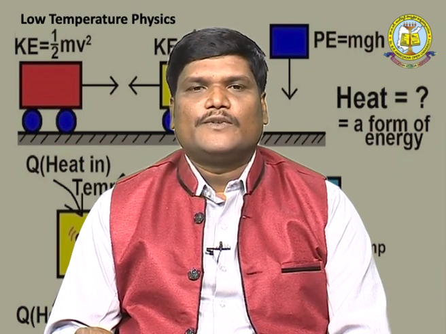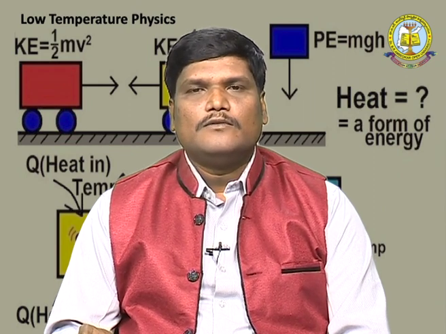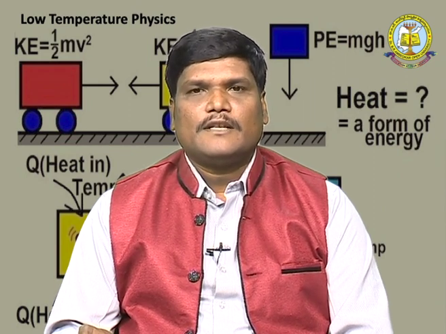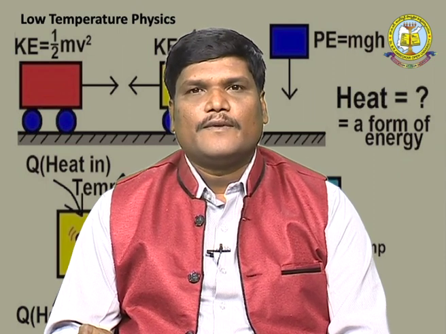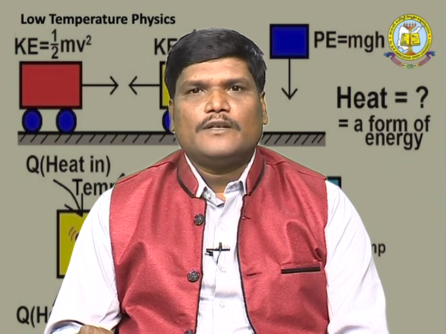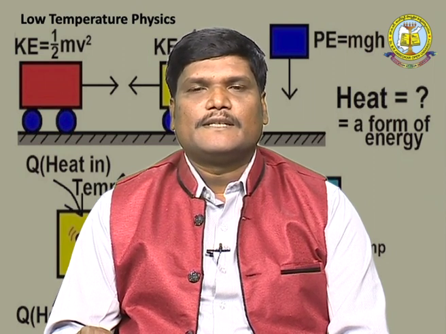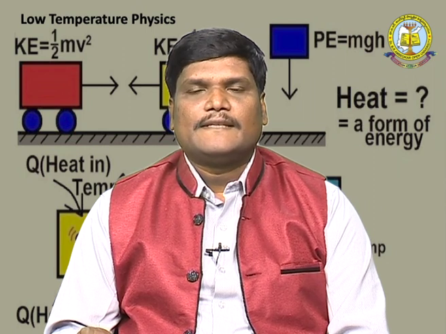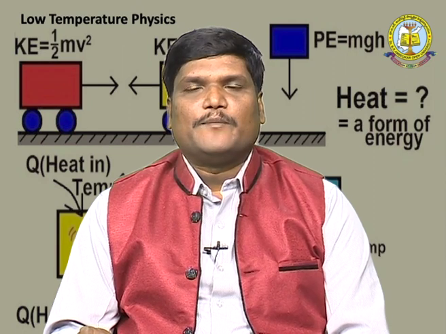Let us discuss the Joule Kelvin effect, or Joule Thomson effect. In yesterday's class we discussed the Joule Kelvin coefficient. Today we are going to discuss how, in low temperature physics, gases are obtained at lower temperature.